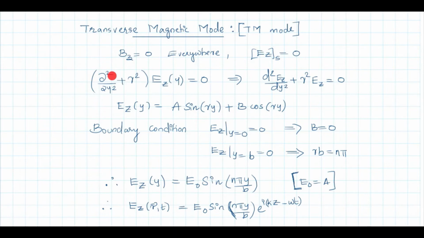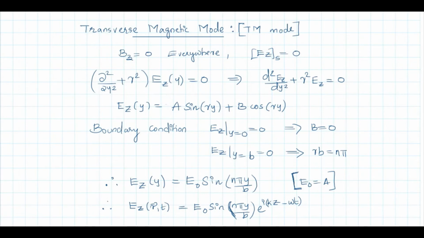Here Ez is a function of just y, so we can write the partial derivative as a total derivative. So d square Ez by dy square plus gamma square Ez equal to 0. This is simply the differential equation for simple harmonic motion.